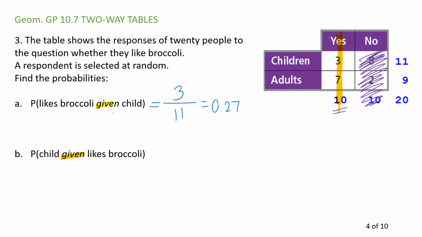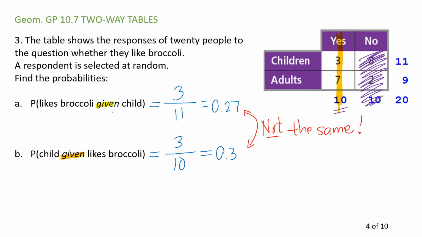So given that a person likes broccoli, among the 10 people who like broccoli, what percentage of them were also children? Among these 10 people, only 3 were children. 30%. Notice these are not the same. They could be. It's just that they're asking different things.